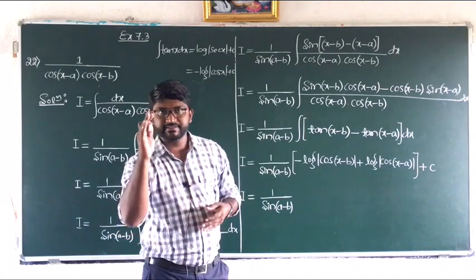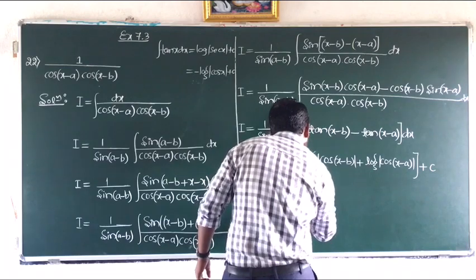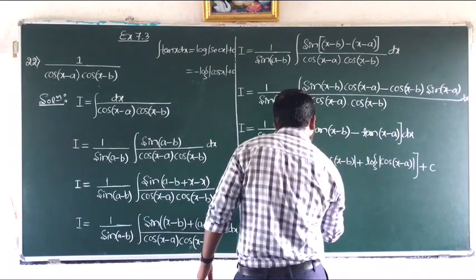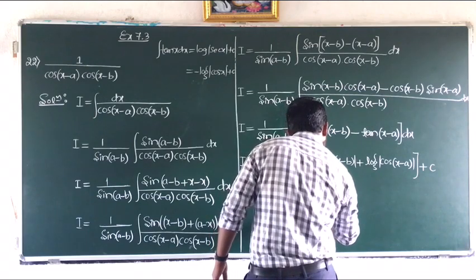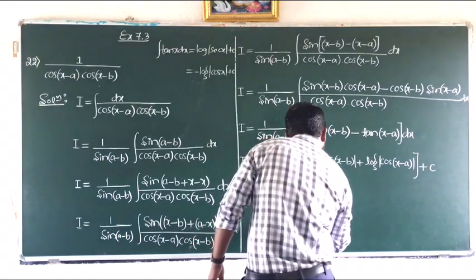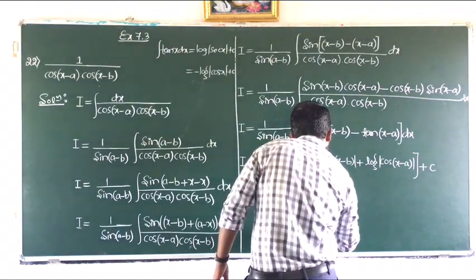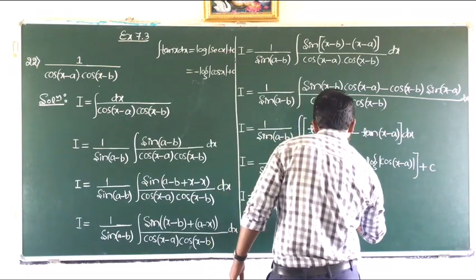It is log x divided by y. So now log x by y, x is nothing but the numerator. It is cos of x minus a divided by cos of x minus b, plus c.